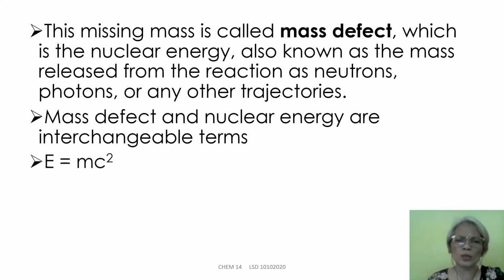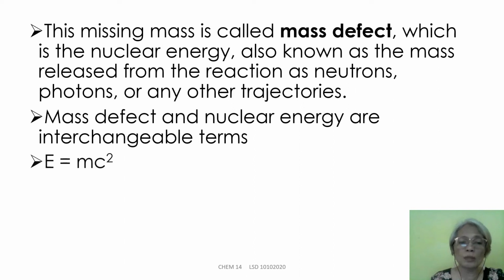In chemistry, we know that energy and mass are different entities. But we are now talking about modern physics, and by virtue of the very famous equation of Einstein, the mass defect or the nuclear energy are interchangeable. This equation tells us that energy is related to mass, and therefore both can be interchanged.